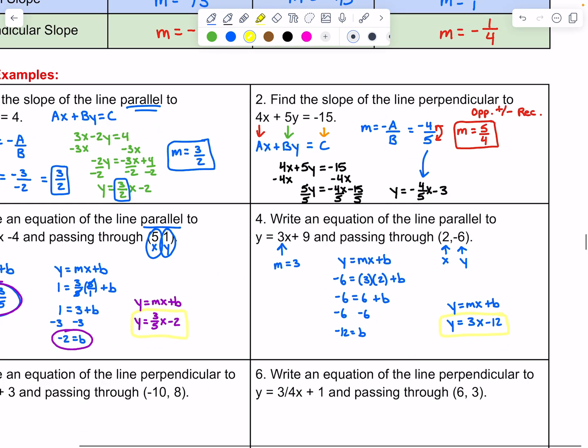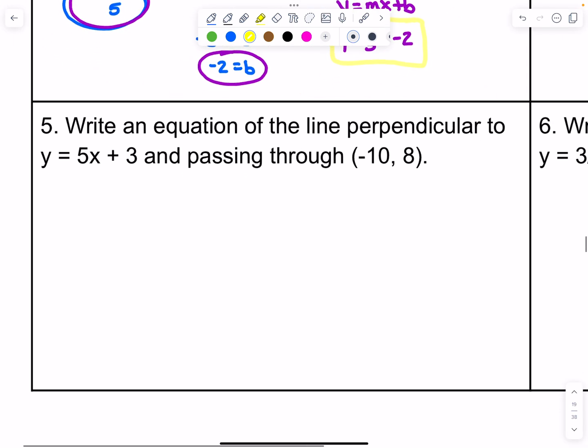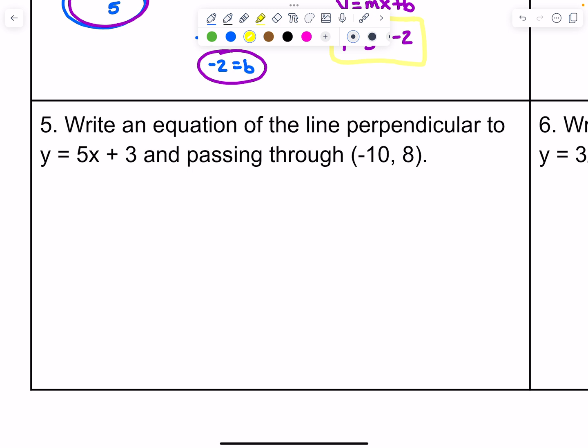All right, let's see. Number 5 says, write an equation of the line perpendicular to y equals 5x plus 3 and passing through the point (-10, 8). So what I'm going to do this time is pick out the slope, which was 5, but perpendicular to that, so think 5 over 1, the perpendicular slope would be -1 over 5.